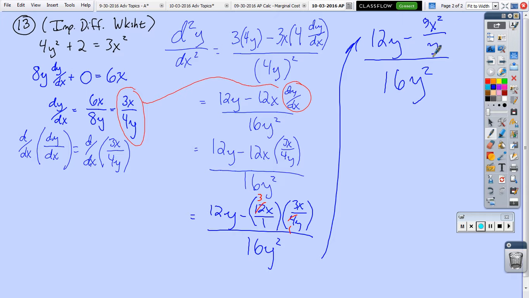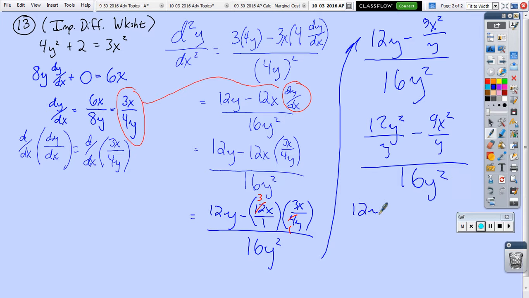These you can put together if you imagine their LCD is y. This is the same thing as 12y squared over y minus 9x squared over y, all over 16y squared. So you combine these and you have 12y squared minus 9x squared over y, all over 16y squared.